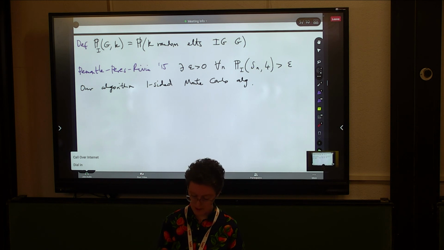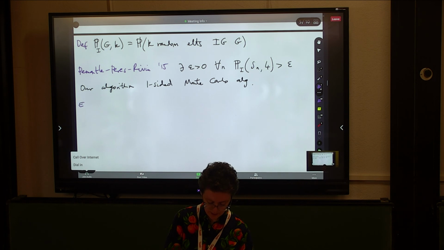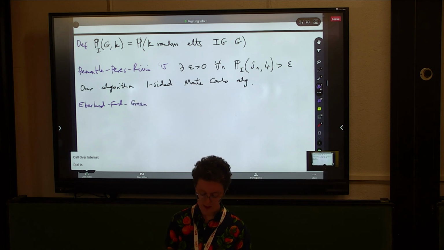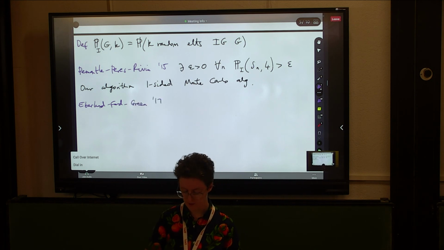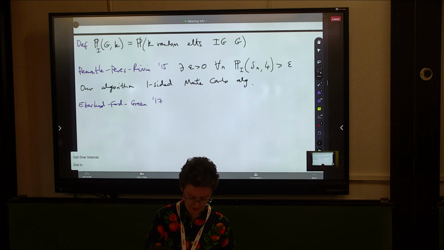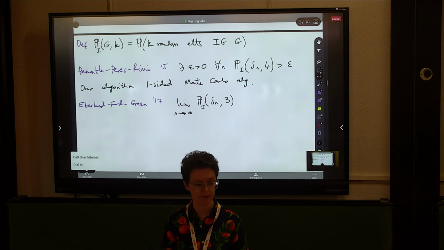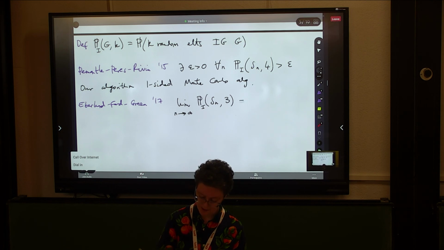And then a couple of years later, Eberhard, Ford, and Green showed that actually 4 is the best number you can get, because they show that in the limit, as n grows, the probability that 3 random elements invariably generate Sn tends to 0.